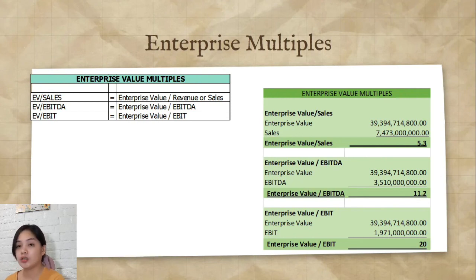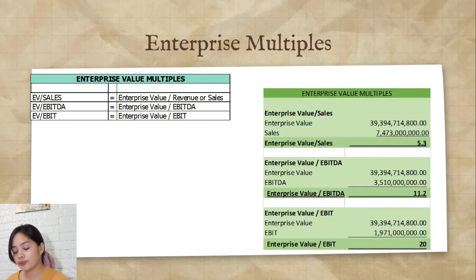This will give us a total of 5.3. This enterprise value to sales gives investors a quantifiable metric of how to value a company based on its sales while taking into account both the company's equity and debt.